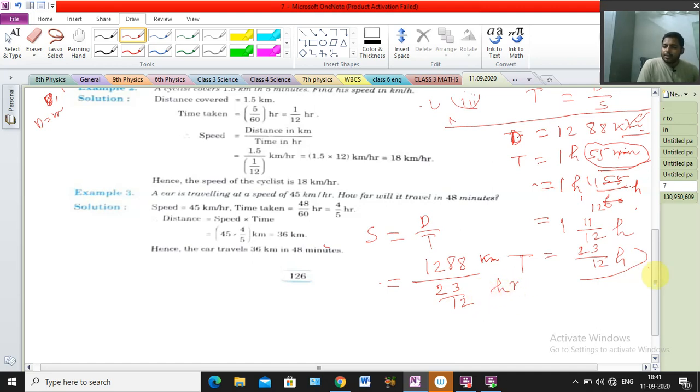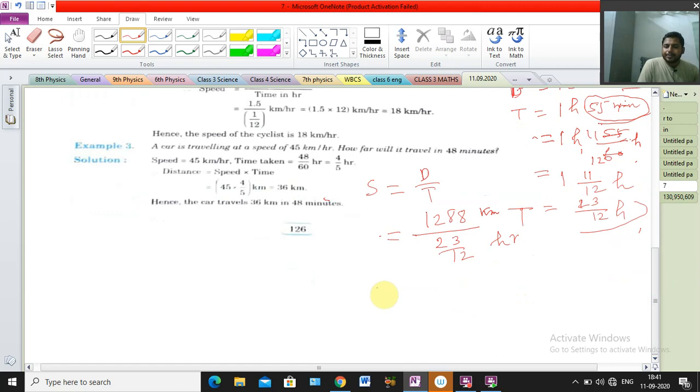Next, we are getting 1288 over the fraction 23 by 12. Since the 12 is in the denominator of the fraction, we can write that 12 in the numerator and 23 in the denominator. The unit will be kilometer per hour, because the division form was there.